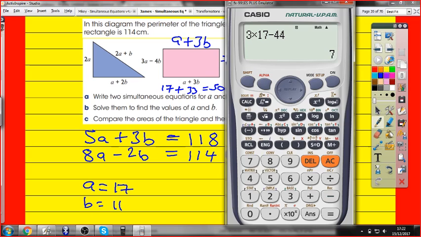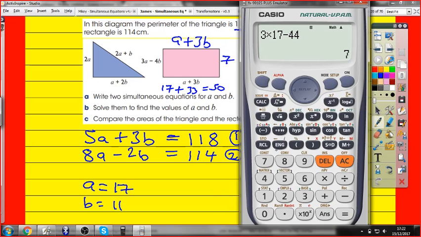So it's 17 times 11. No. What is the base of the rectangle? What is the height? Base of the rectangle is 3A minus 4B. So 7. Yeah. 7 times 50. That's it. Okay. And that's how you get the area of that, 350.